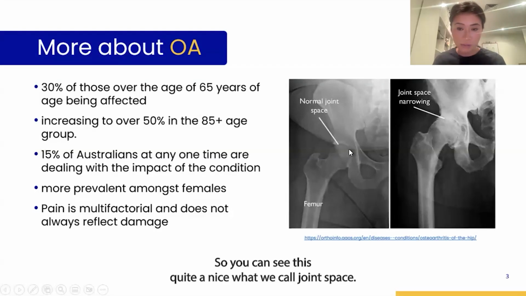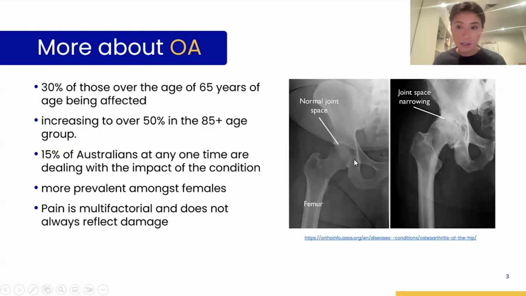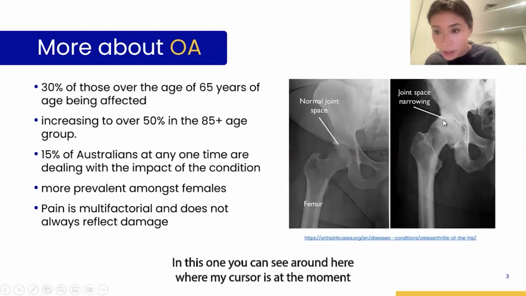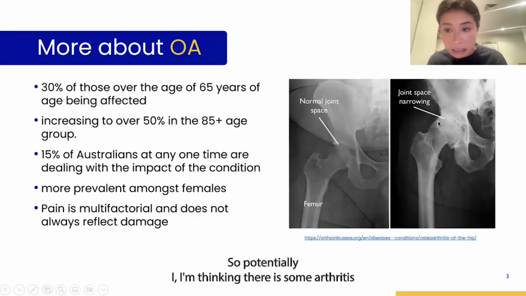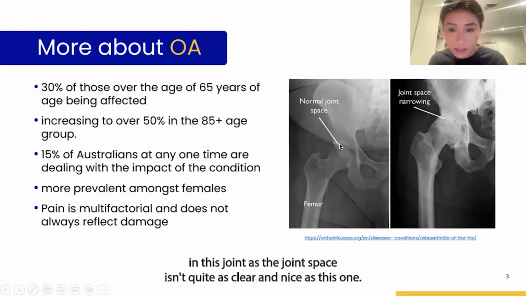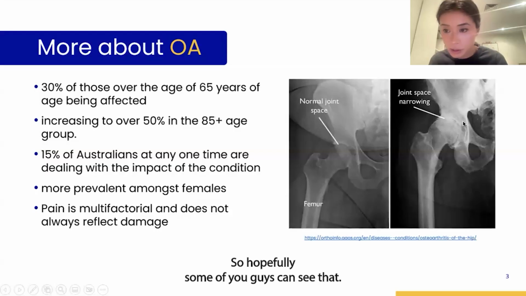So there's quite a nice, what we call joint space. In this one, you can see around here where my cursor is at the moment, there's not really a joint space. And even around here, it's a bit narrowed. So potentially, I'm thinking there is some arthritis in this joint as the joint space isn't quite as clear and nice as this one. So hopefully some of you guys can see that.